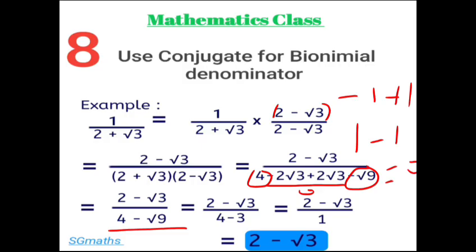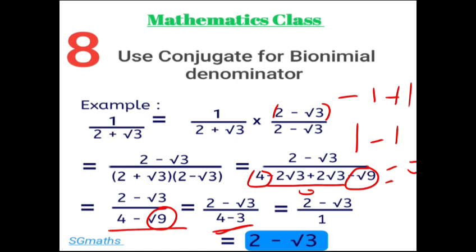Now this root 9, you can get the perfect square of it, and that will give us 3. And that's our mission. We have to rationalize. We have to make sure that there's no roots in this denominator, and we're able to get that done. We are now left with 2 minus root 3 over 4 minus 3. There's no longer roots here.